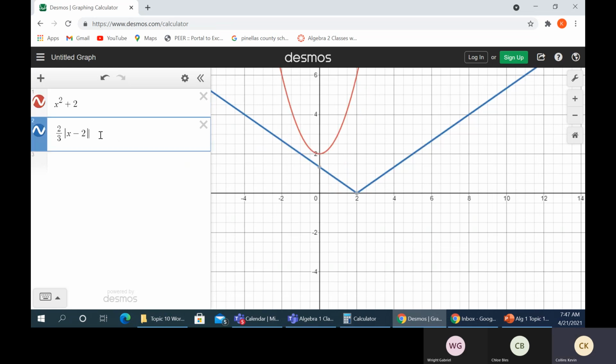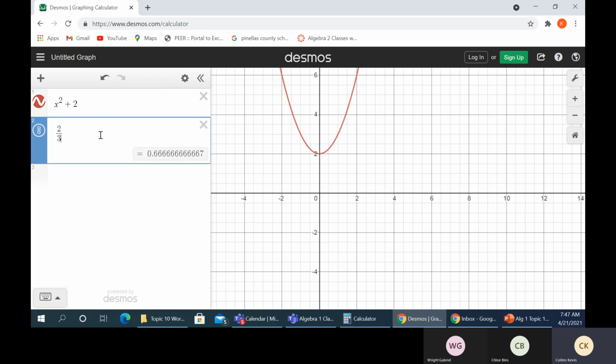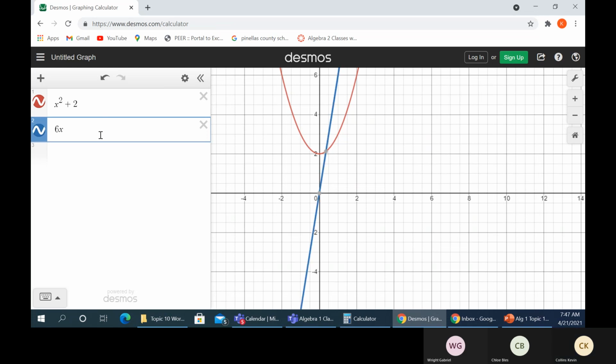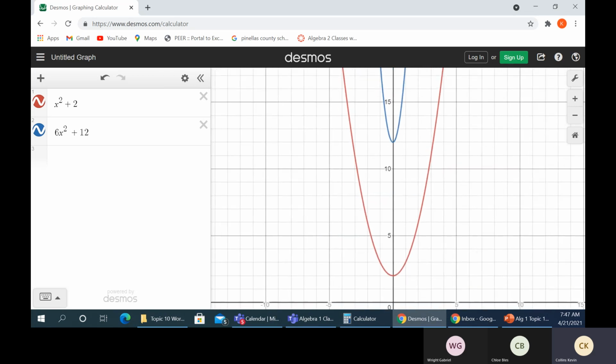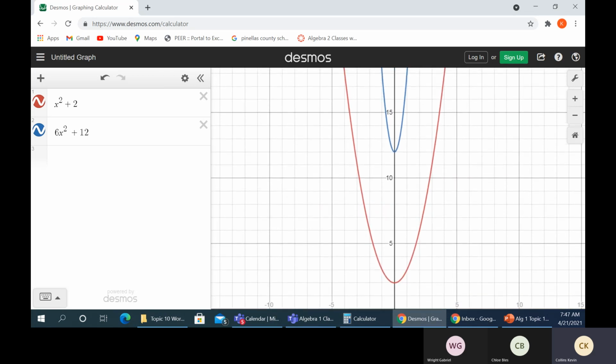And then our new guy was 6x plus 12. Ooh, where'd he go? All right, so I have to move him down a little bit.